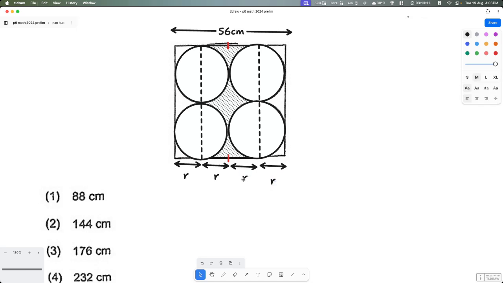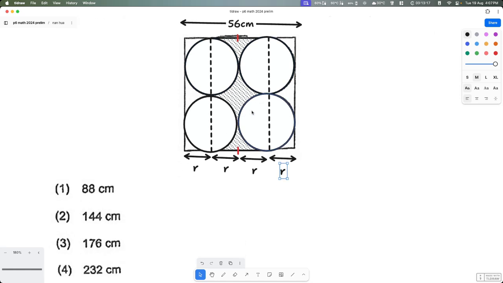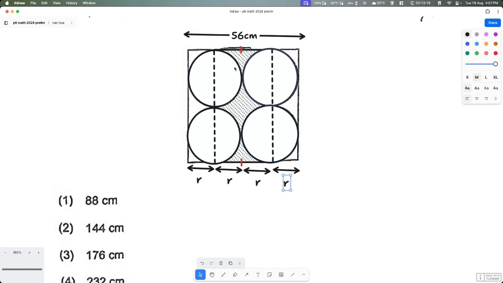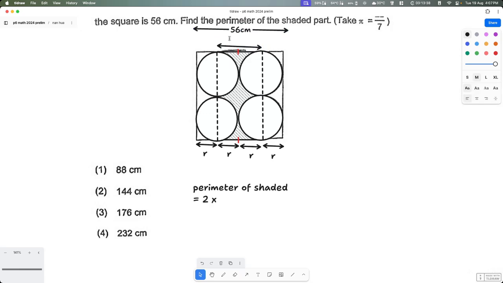So the shaded area is basically equal to half of the semicircles, so two halves of the semicircles plus these two radius lengths. So the perimeter of the shaded area is equal to 2 times the length here, plus 4 times the semicircle.